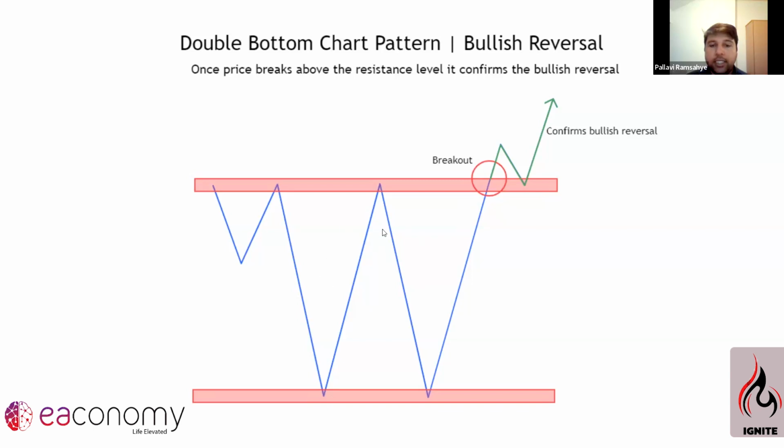So it essentially means that it's not valid, okay? So we're looking for price to break out. Once it breaks above the resistance level, it confirms the bullish reversal. So it confirms that this pattern has been formed, and it confirms that we're reversing in trend. So we're no longer going downwards, we're going upwards, okay?